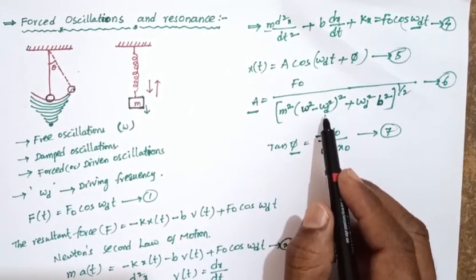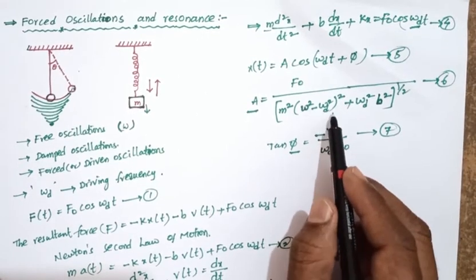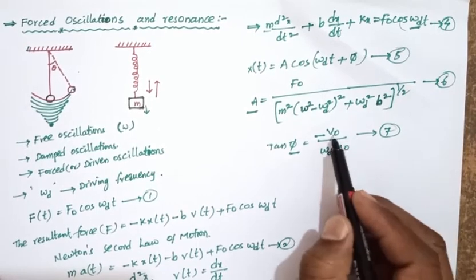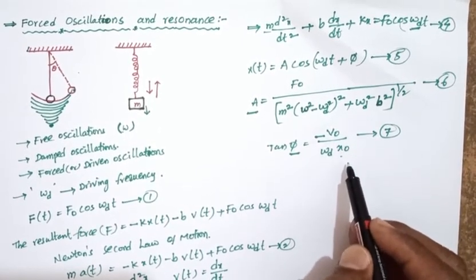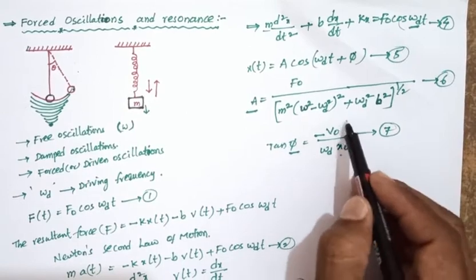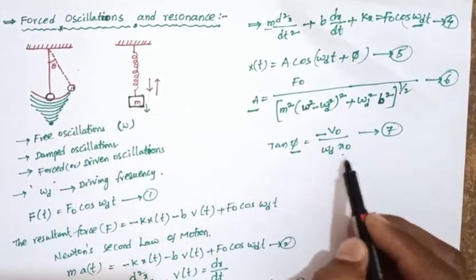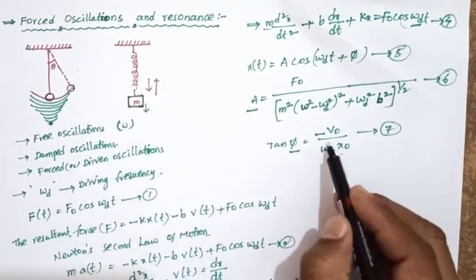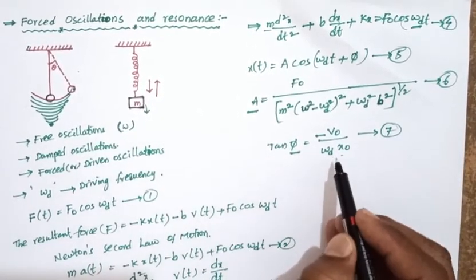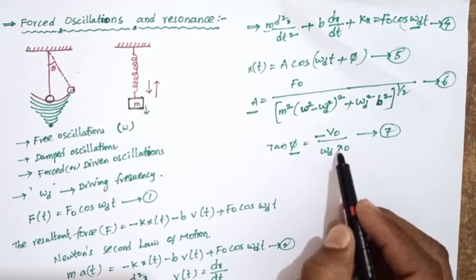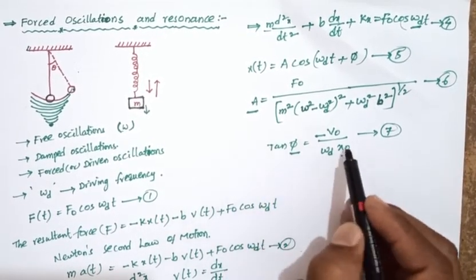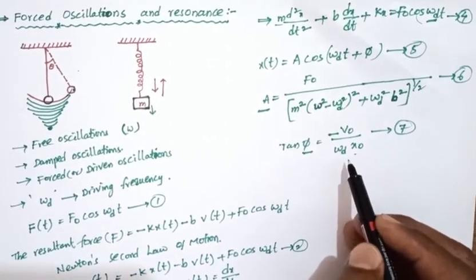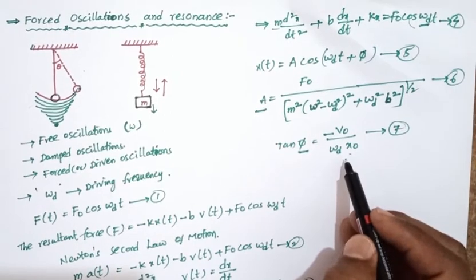Here v naught and x naught are also constants: the velocity of the block and the displacement at t equals 0. So this also depends upon omega d.